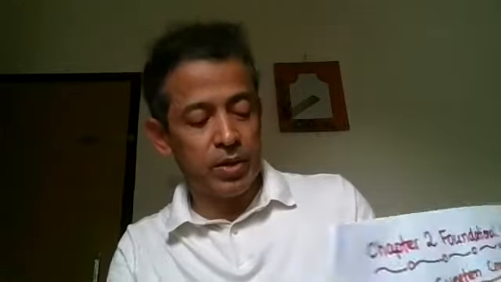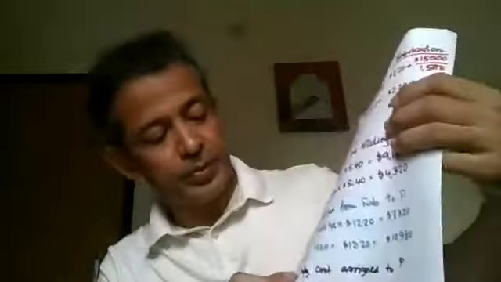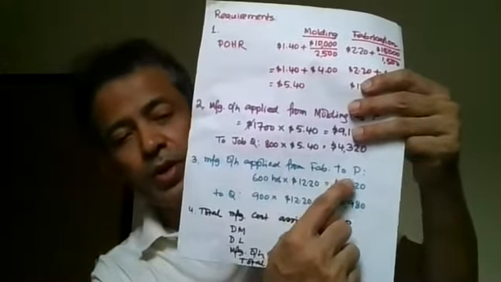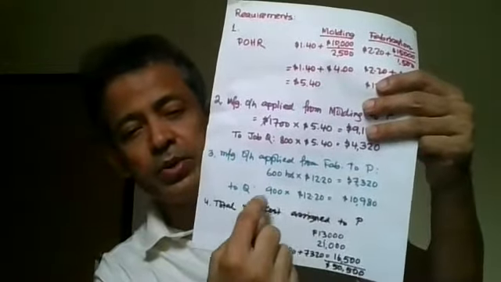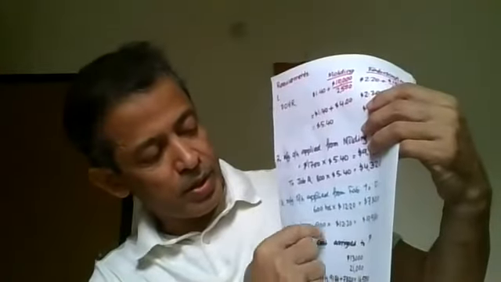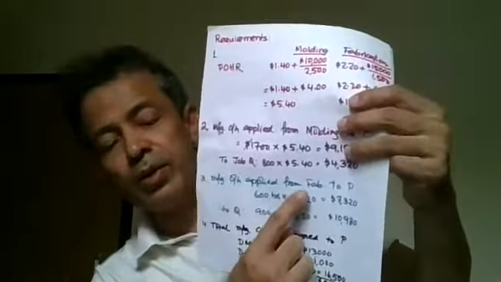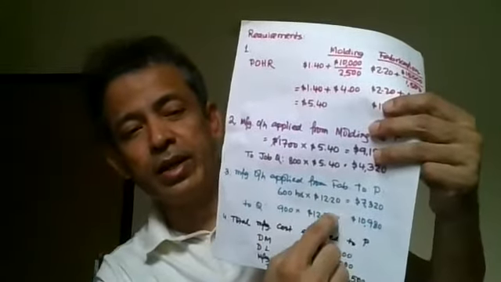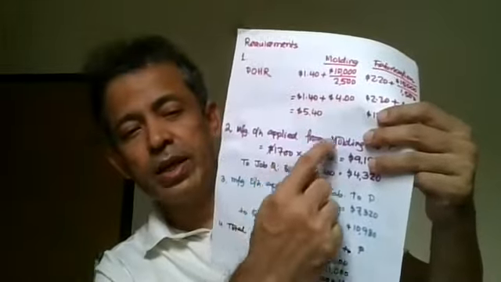Remember, whether you're P or Q, as long as you go through the department, you have to pay for the departmental overhead costs. So $12.20 is the key here, and $5.40 was the key there.